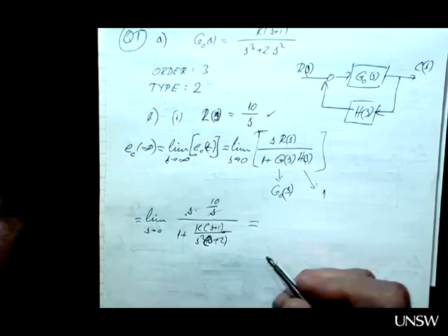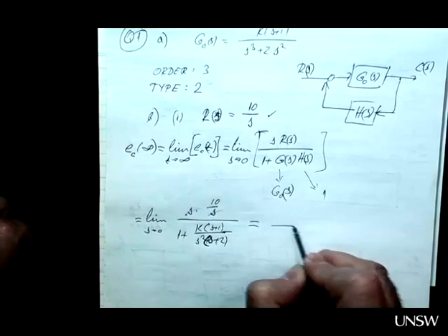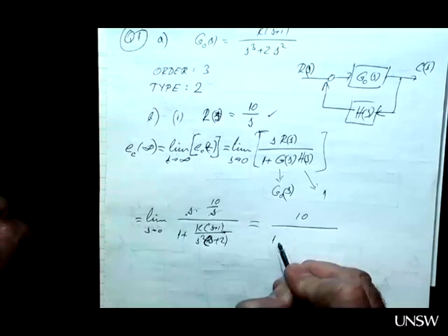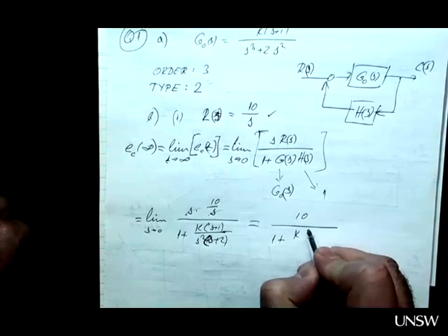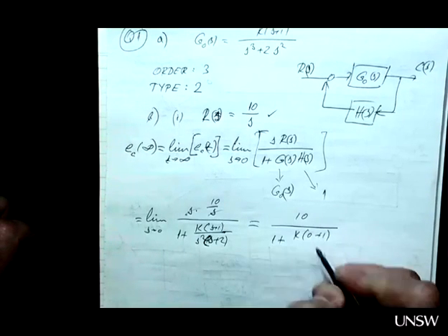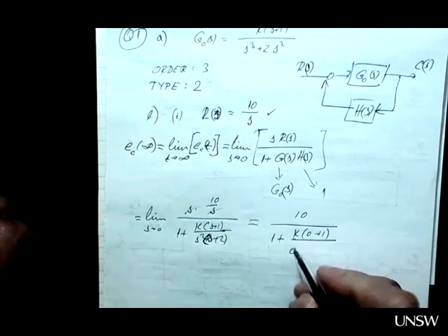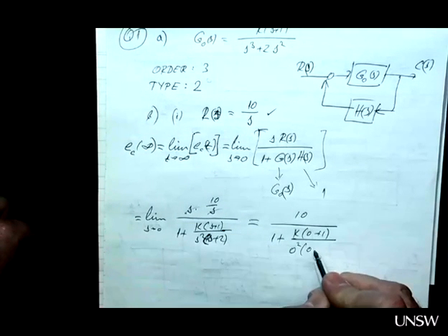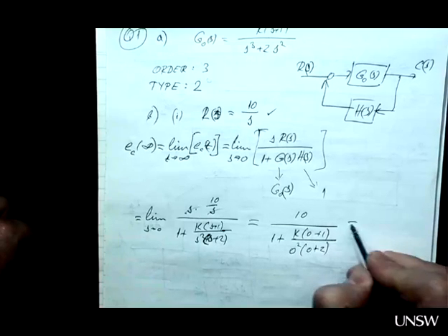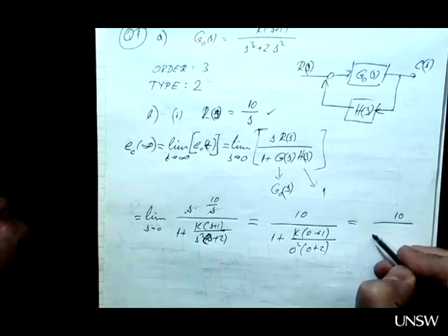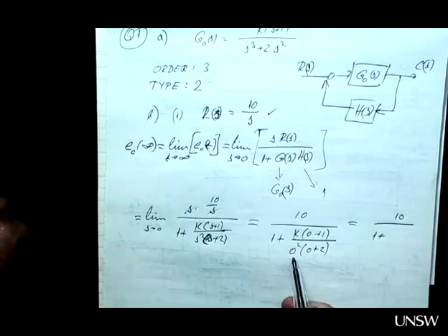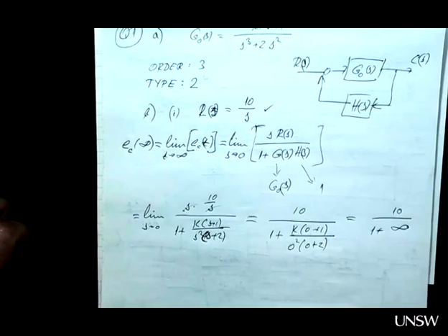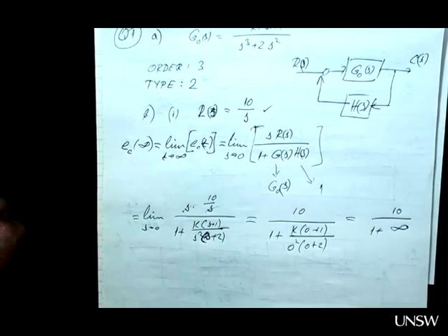So when we do, we get 10 over 1 plus K(0 plus 1) over 0 squared (0 plus 2). Now, because of 0 here, this is going to be infinity. Infinity plus 1 is slightly more infinite, so it's still infinity. Anything divided by infinity is 0. So the steady state error is 0.